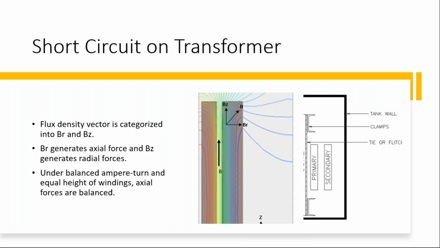So when a fault occurs, there will be a huge amount of current, and the current profile will have a combination of both AC plus some amount of DC component, which will dampen out slowly based on the winding characteristics, which is mainly the X by R ratio.